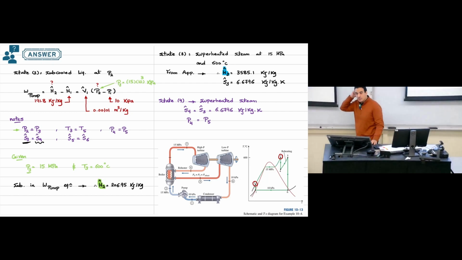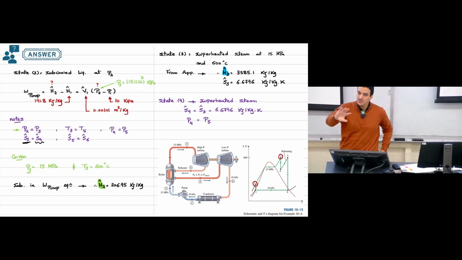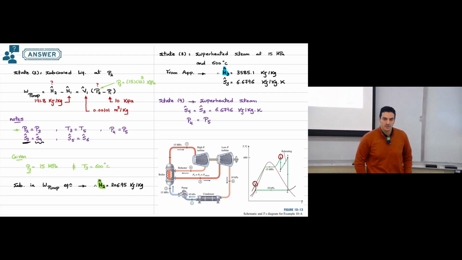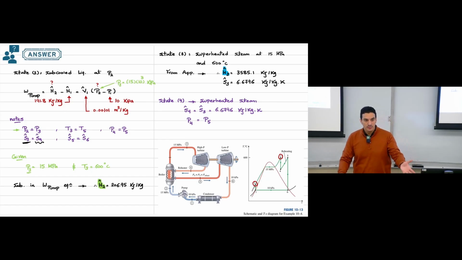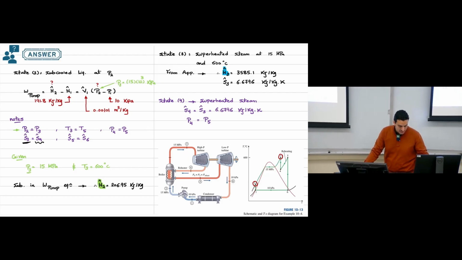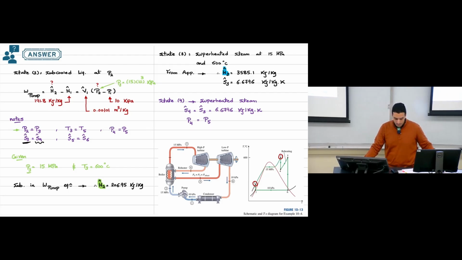So if you have superheated steam and you know only one piece of information, then you cannot continue making any calculation. We need one more piece of information. The information we have here can be pressure at point number 5. If we know pressure at point number 5, then we have the same value for point number 4, and then we can calculate it for point number 4.